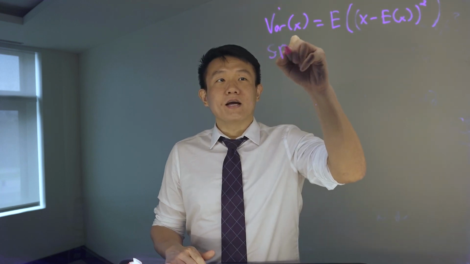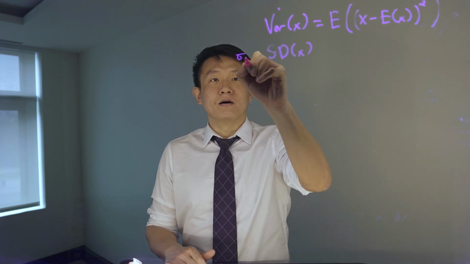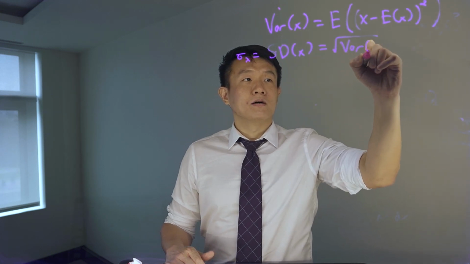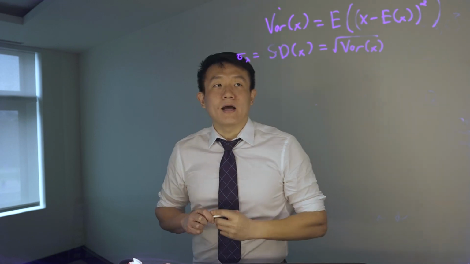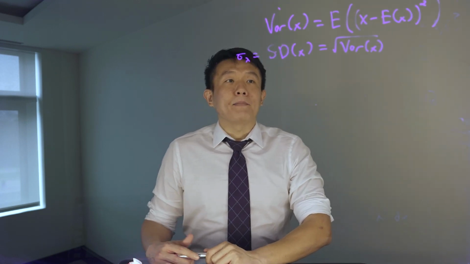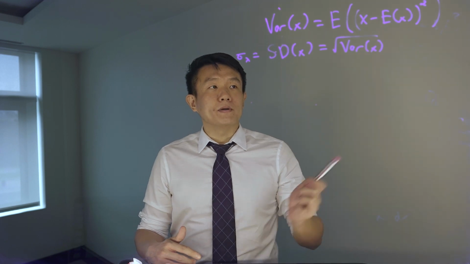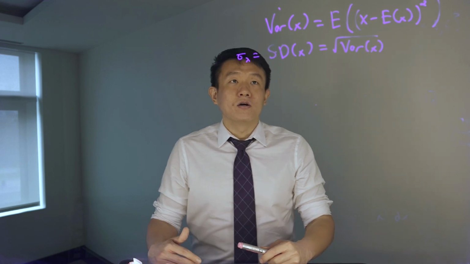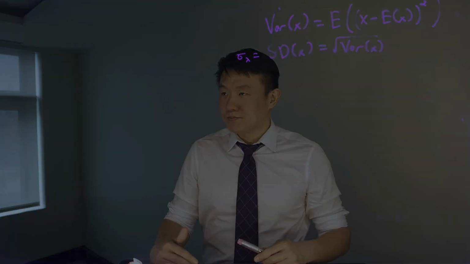The standard deviation of x, or sigma x, is equal to the square root of the variance. And it's usually easier to interpret the standard deviation because the standard deviation is going to be in the same units as the variable itself, whereas the variance will not.